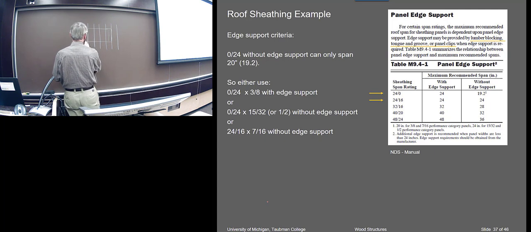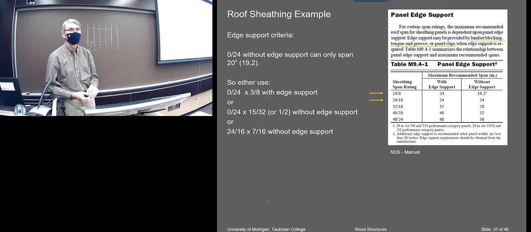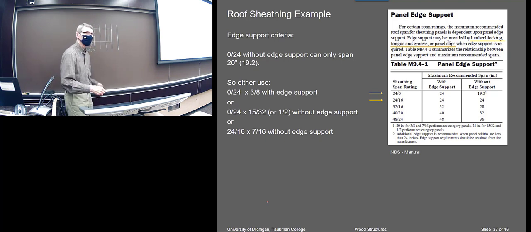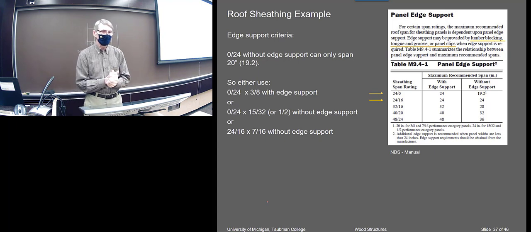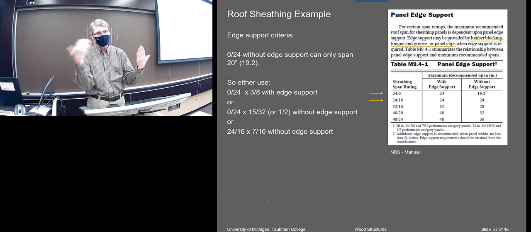And this is where you'd have the blocking, right? That's either a free edge, or you're going to have to put blocking on it. Blocking is another piece of wood you have to nail in there that supports that edge. So you either do that or you don't.